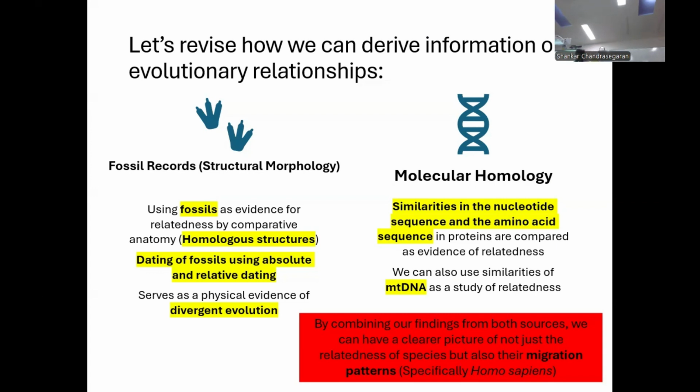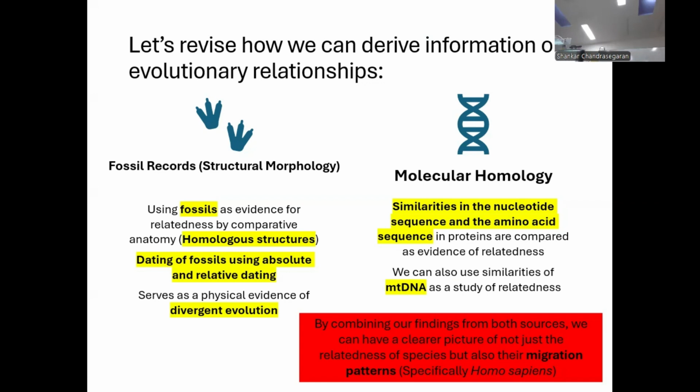One is fossil records, right? Basically, any evidence left behind by the organism itself, be that a literal fossil of the organism or even trace fossils, which are indications that that organism was existing there.